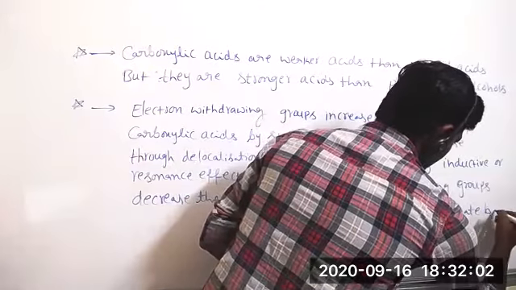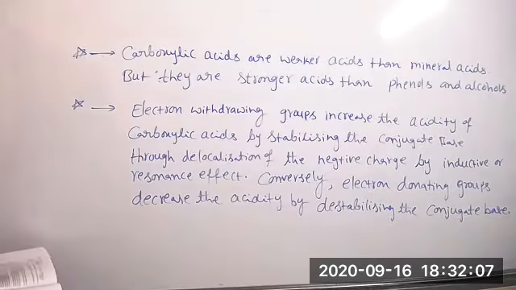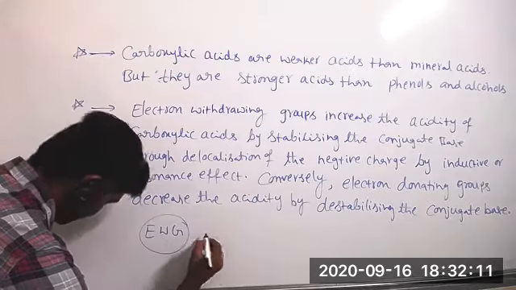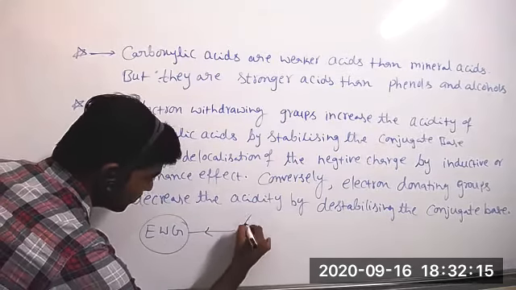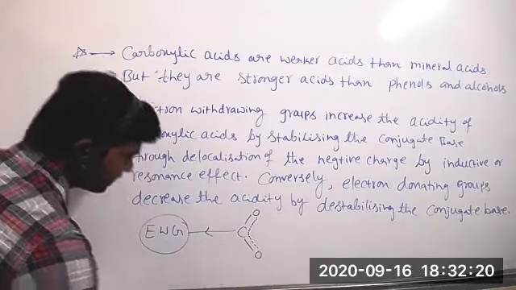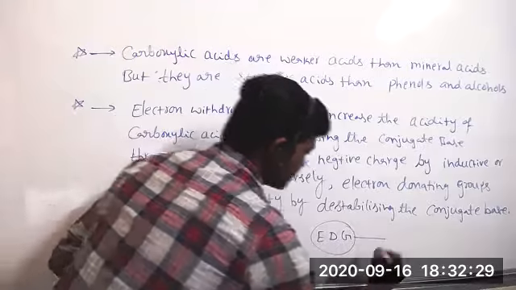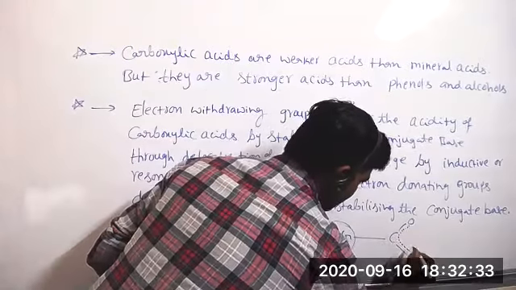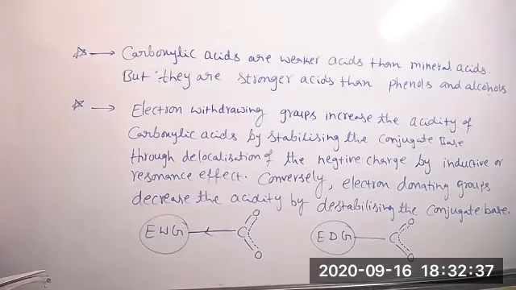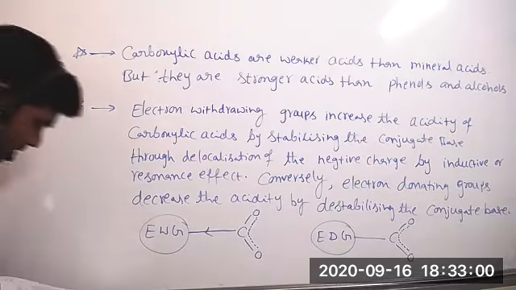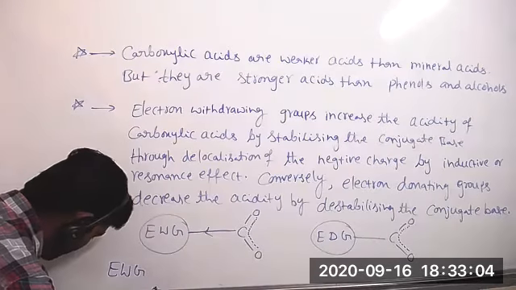An electron withdrawing group attached to COO strengthens the acid.